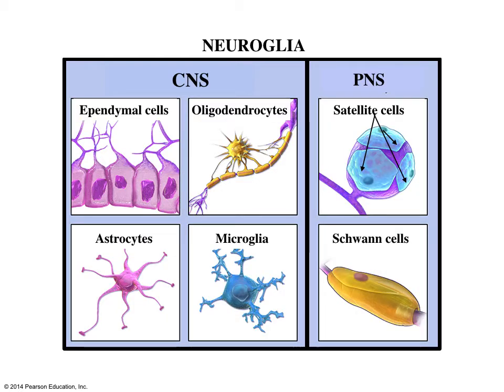The other category of cells of nervous tissue would be neuroglial or glial cells. These are supporting cells. They can divide, they cannot generate or respond to nerve impulses. They simply help the neurons, which cannot divide, and therefore are precious and need to be protected.